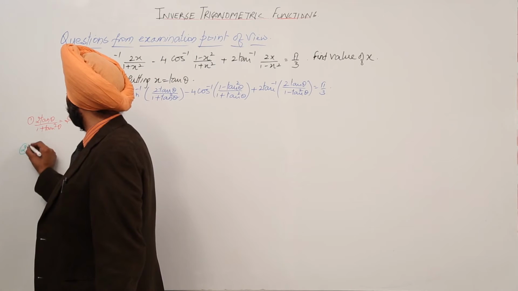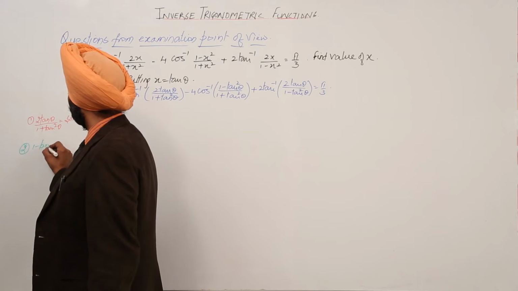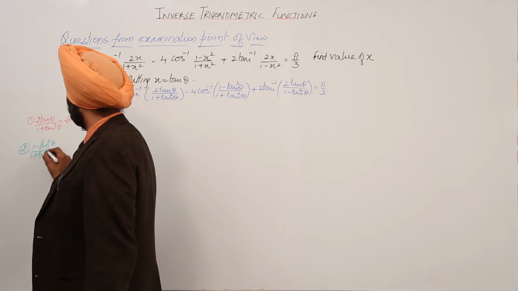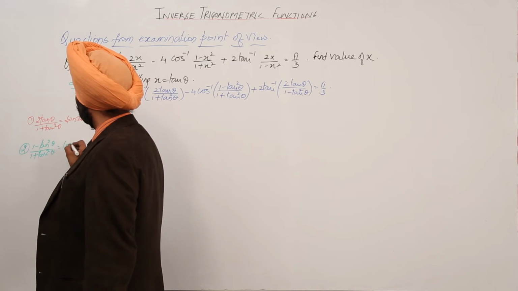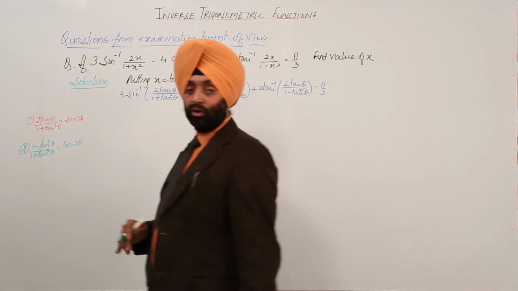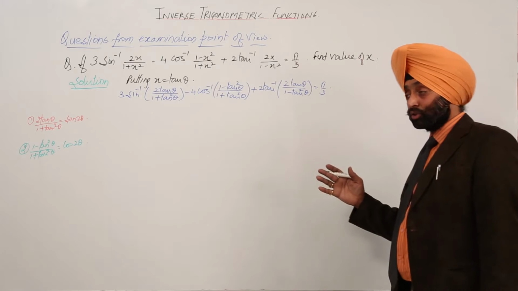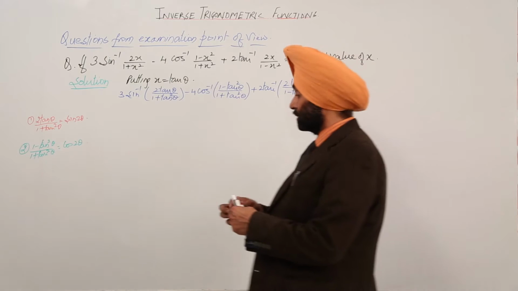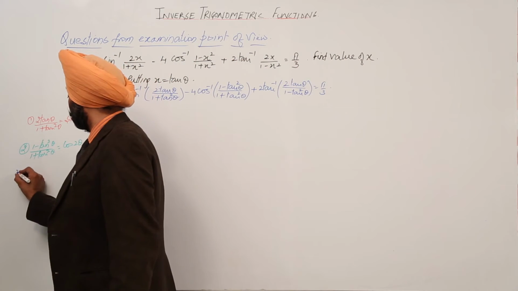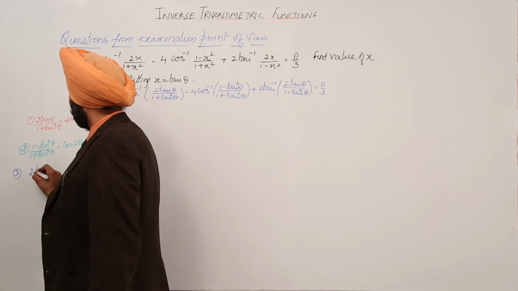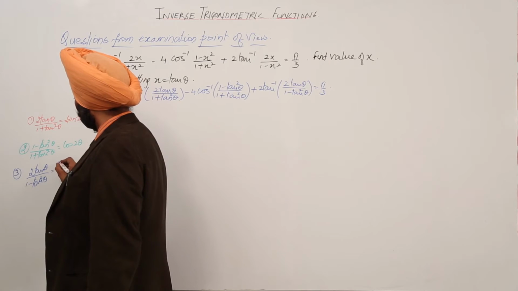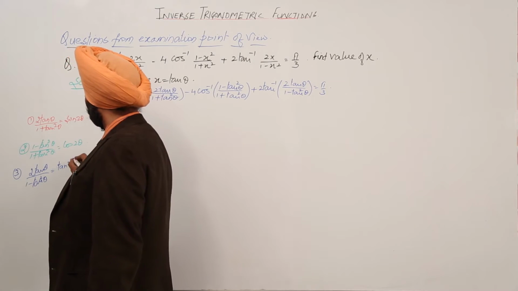Number 2, we have 1 minus tan square theta upon 1 plus tan square theta, and we know that this is cos 2 theta. You have already gone through these formulas in the 11th class also. Last is 2 tan theta upon 1 minus tan square theta, and this goes for tan 2 theta.